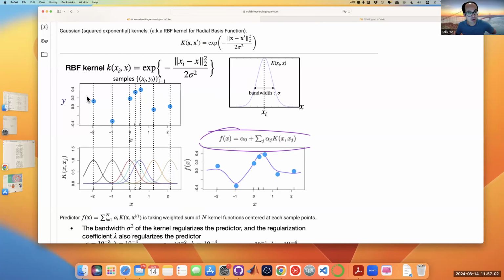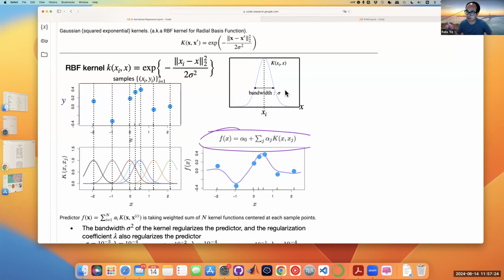So you can think about if we have a bunch of examples of x and y's right here, n points right here. What we do is we create this kind of basis function. This is my Gaussian basis with the bandwidth of sigma.